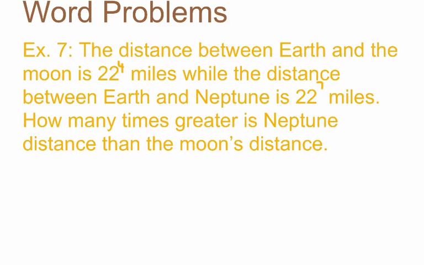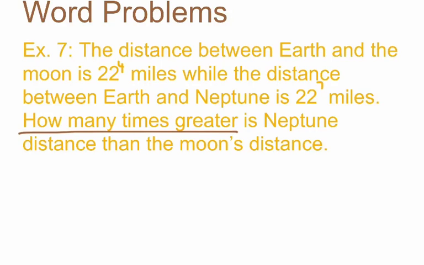Okay, so now what we're looking for in this word problem, we see this question, how many times greater? And a lot of times when students see that question, they'll think, oh, well, times, that means multiplication. But in this type of problem, or with any word problem, whenever you see how many times greater, that is actually telling you that you need to divide.